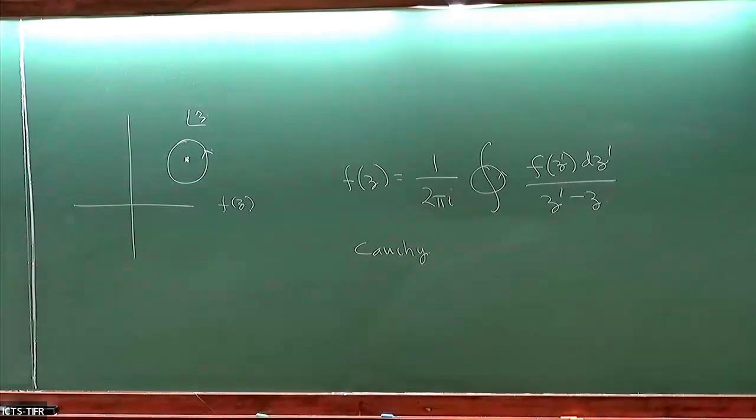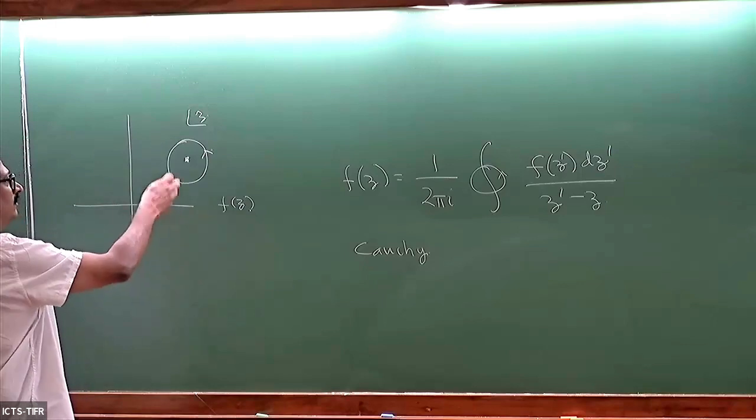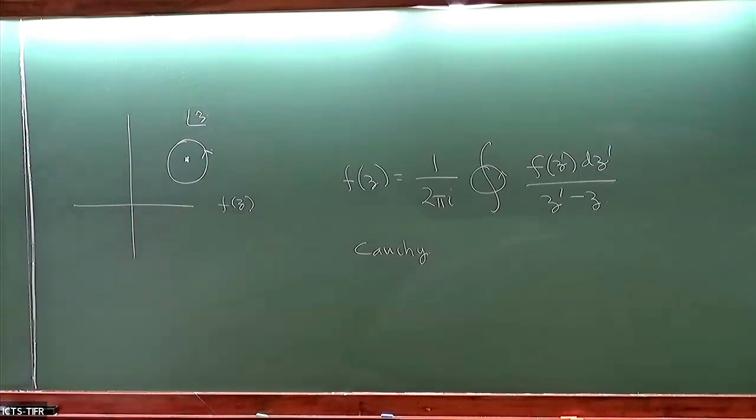Okay, so this is the version of Cauchy's theorem that we are all accustomed to, but I want to massage this a little bit and bring it into a form that is suitable for us. This is a very nice function which has nice properties everywhere in the complex plane.